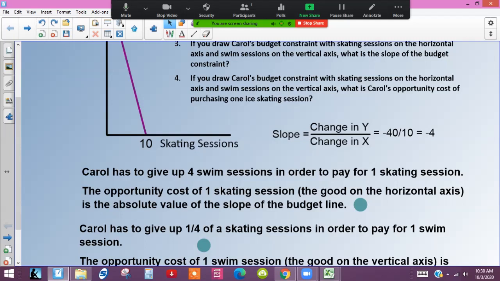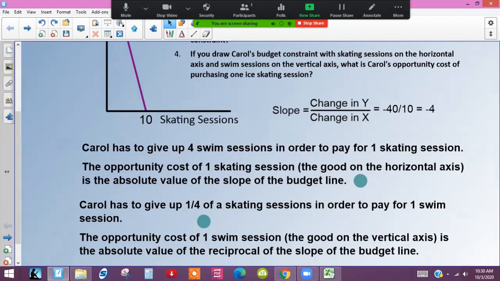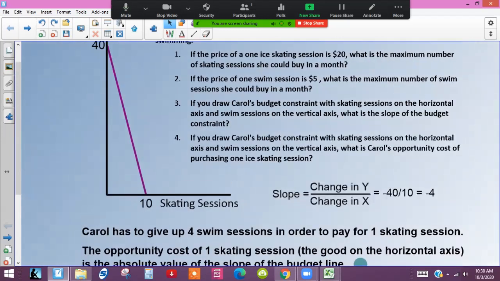Now, just so we completely understand this model, if they were asking you what Carol would have to give up in order to get one more swim session, in other words, what would be the opportunity cost of a swim session, it would be 1/4 of a skating session, because one swim session costs 5.